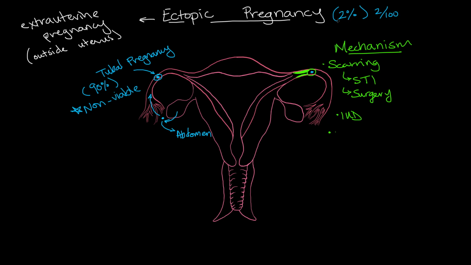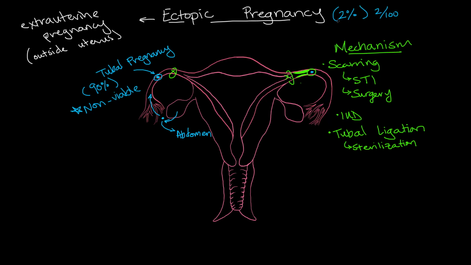Another rare instance is tubal ligation. I don't believe we've talked about tubal ligation before, but this is a sterilization technique. Sterilization is to stop someone from ever getting pregnant. This is permanent contraception, if you will. An OBGYN will tie off or cut the fallopian tubes on both sides.